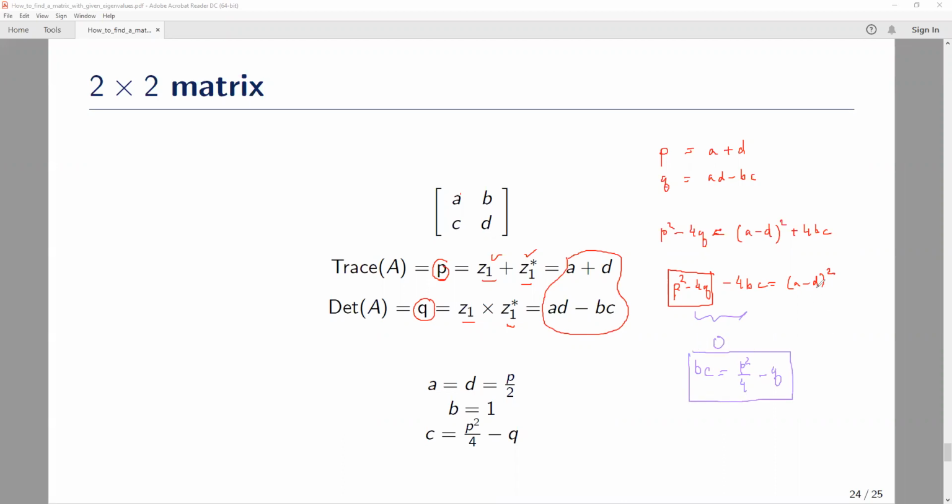So we get A is equal to D because these are real numbers. And therefore A is equal to D, and the sum is P, so it will be P by 2.